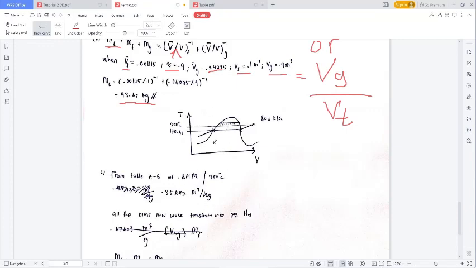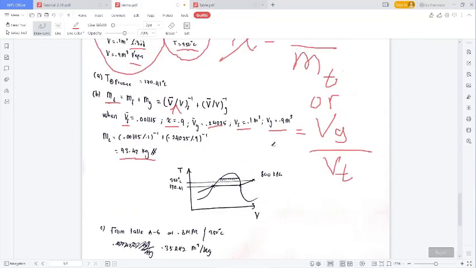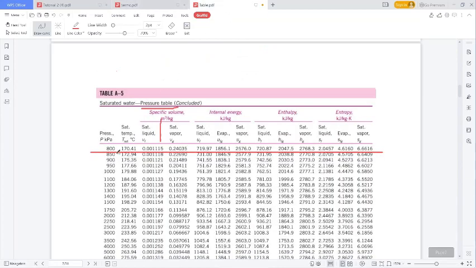So you need to refer to the saturated table first, at 100 kPa and a temperature of 315 degrees C. At 100 kPa, according to the saturated water pressure table, the temperature is about 170.41.